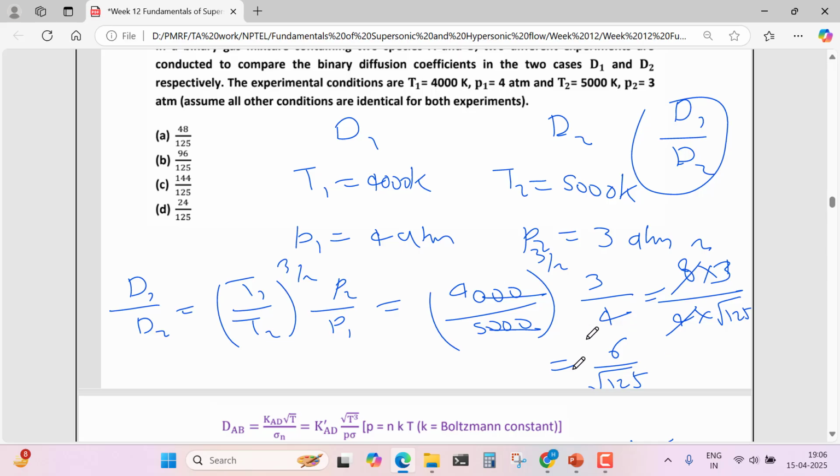So its answer will be 6 under root 25. All these options are wrong here. We'll see the next problem.